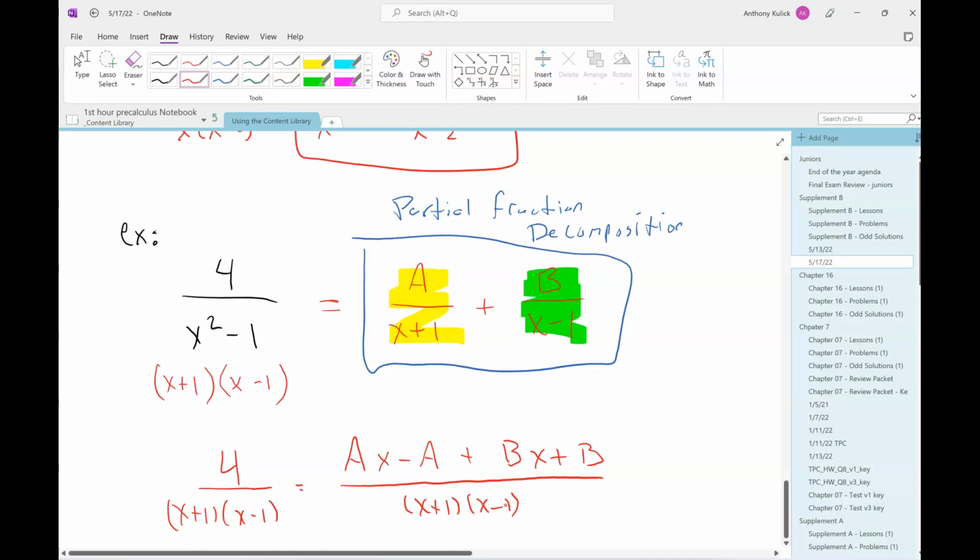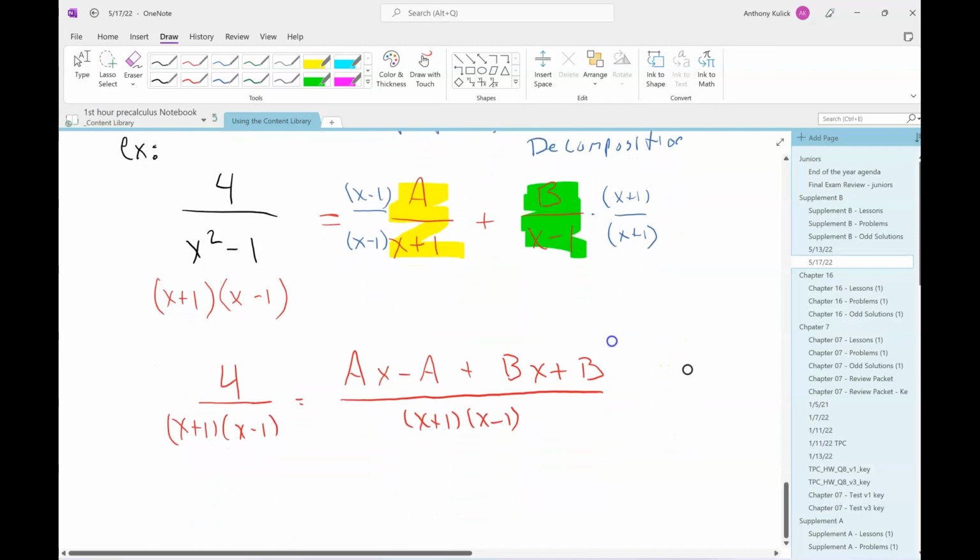Are we okay with what I did there? I didn't show quite as much work, but it's pretty trivial what I did, I hope. Should I write it in? There, we'll write it in.